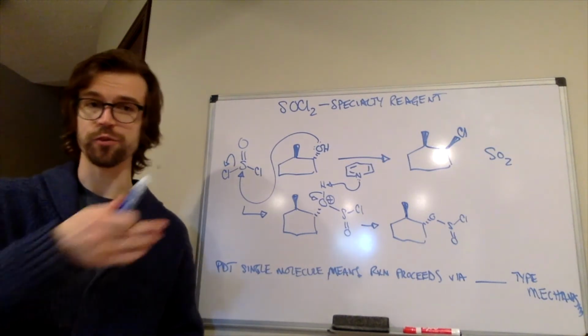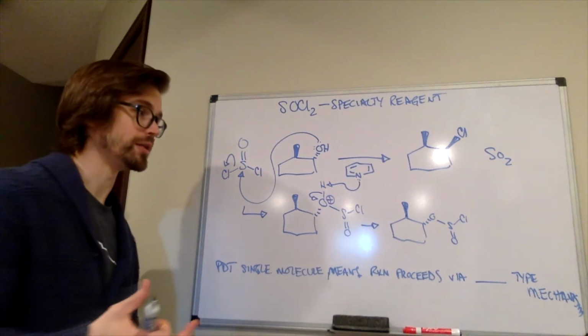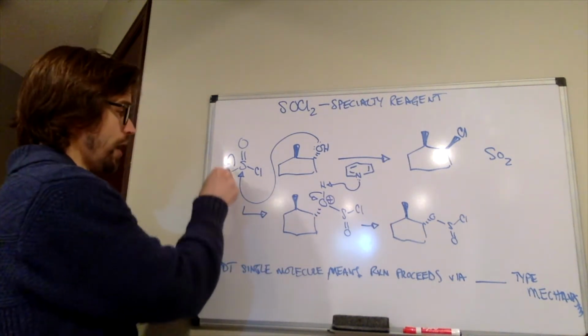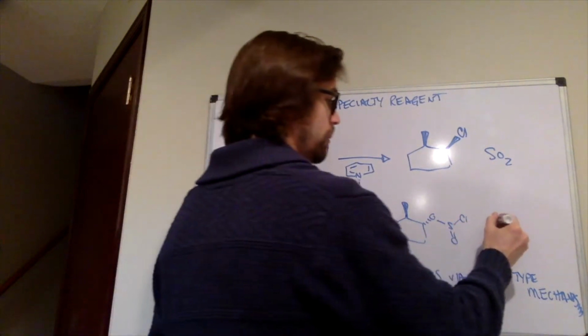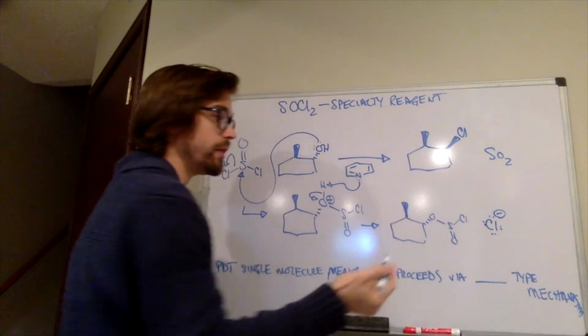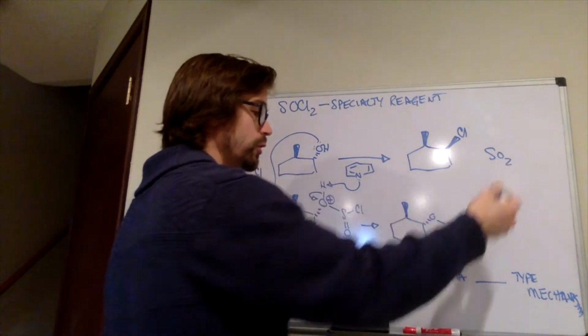So it would be NH with all those bonds, meaning it has 4 bonds, so it's going to be positively charged. At this point, the only other thing we have around is this chlorine that left, Cl-. And this is a good leaving group. It turns out that when it leaves, it's forming this thing, SO2.